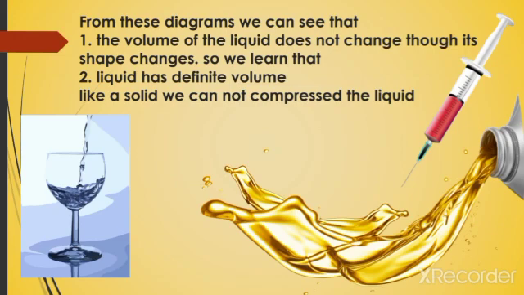And here I have a picture of an injection. This picture shows that we cannot compress a liquid. When we press the injection, the liquid comes out from the needle because we cannot compress it. That is why these are the second and third properties of the liquid. Liquids have definite volume and we cannot compress liquids.